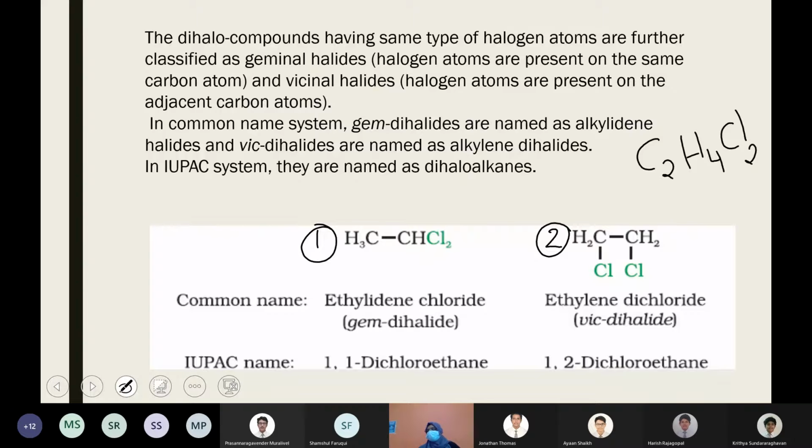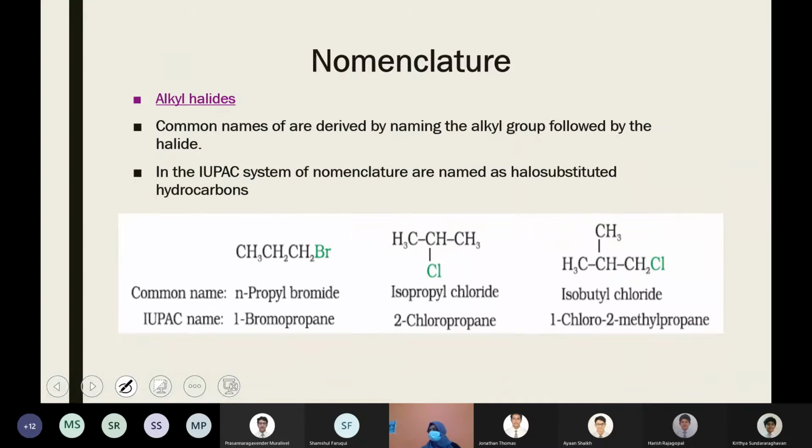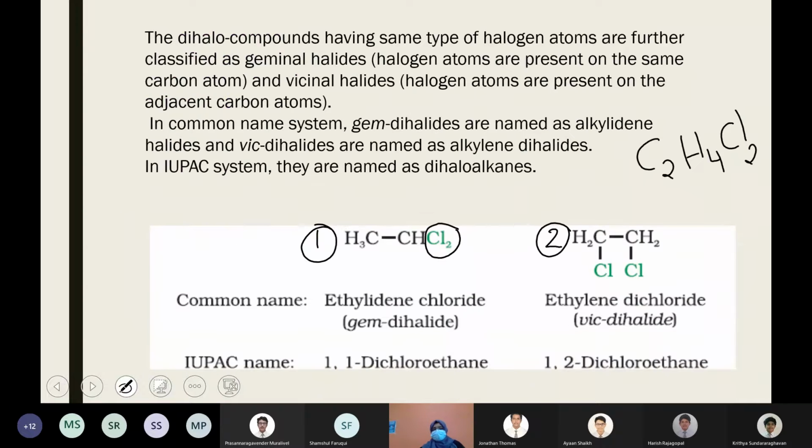But the difference is that in the first example, both the chlorines are attached to the same carbon atom, and in the second example, chlorine is attached to different carbon atoms.